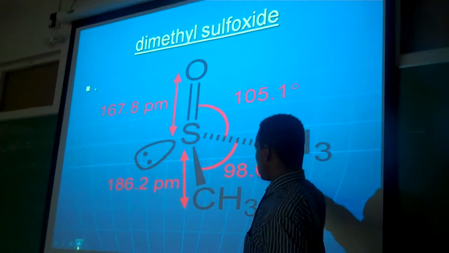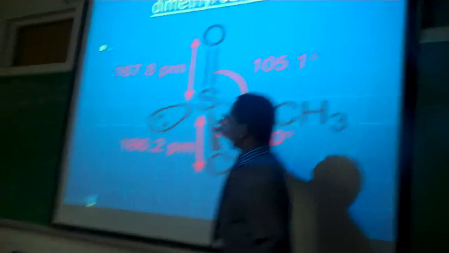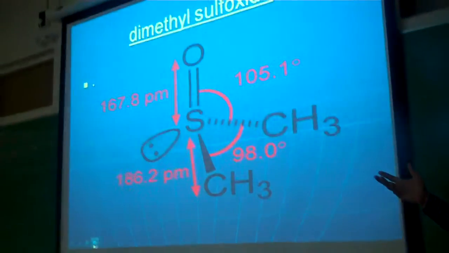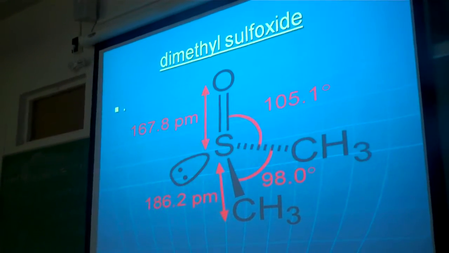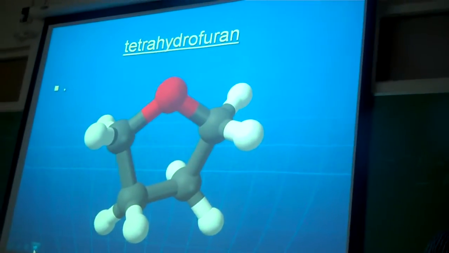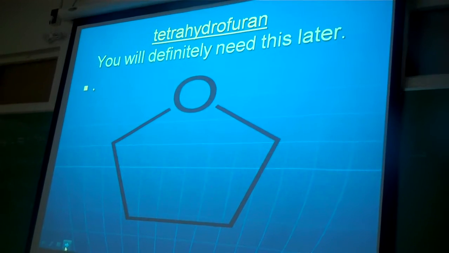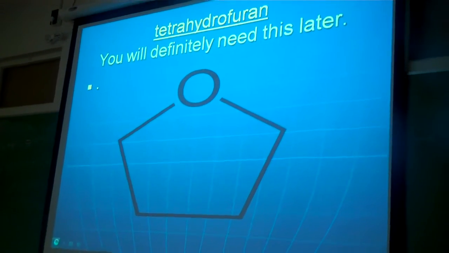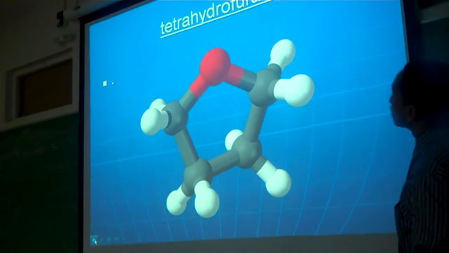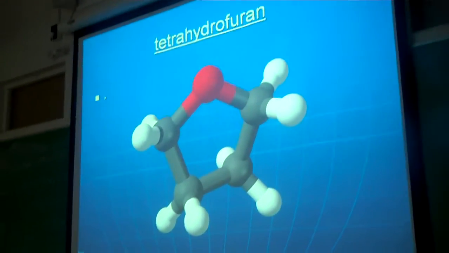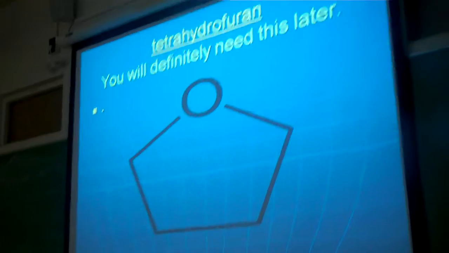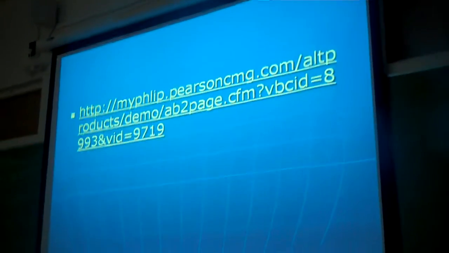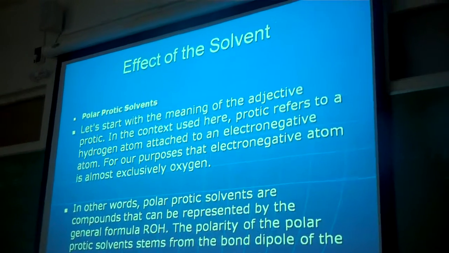Except these are hydrogens, and that's the oxygen. So it's going to behave kind of like water. The bond angle is a little smaller than water, but the important thing is there's no hydrogen. You'll definitely see this one later. You use tetrahydrofuran as a solvent.